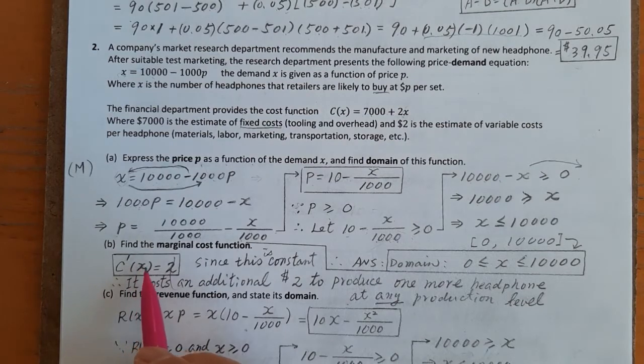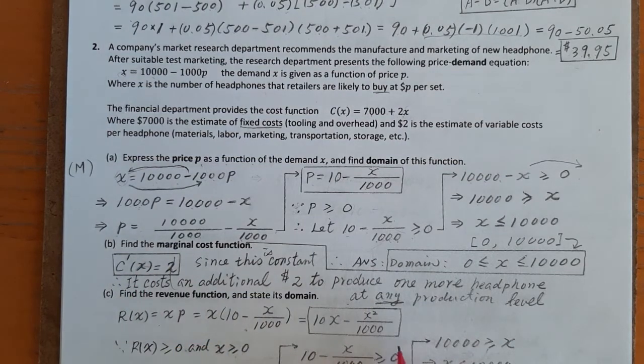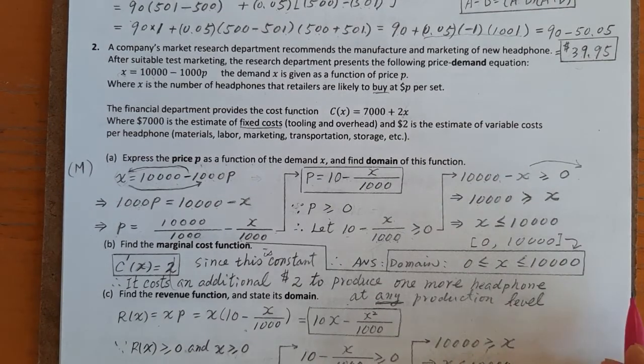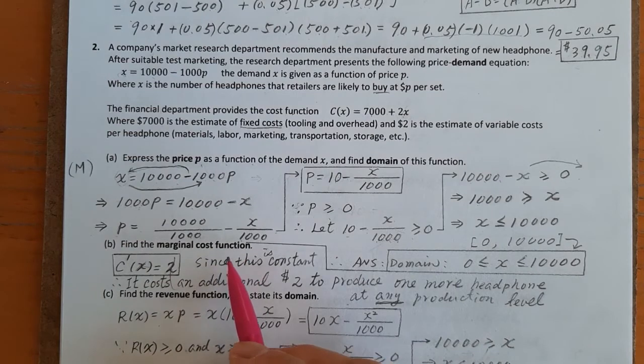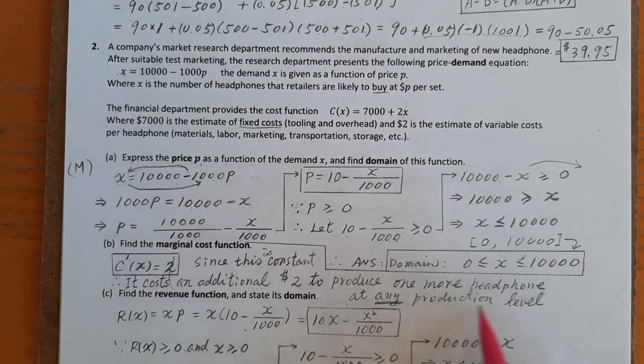If x is 2,000, it is still 2, and if x is 3,000, it is still 2. So x is how many headphones are produced. At any production level x, the increase rate of the cost is always constant, $2. So it costs an additional $2 to produce one more headphone at any production level.